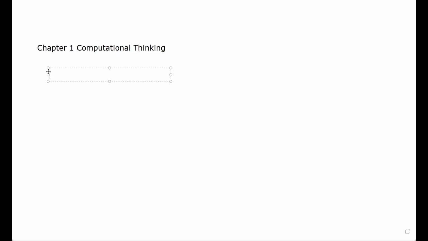My dear students, I told you earlier that we have to decompose, we have to divide the problem into small tasks. What is computational thinking? We need to answer that.